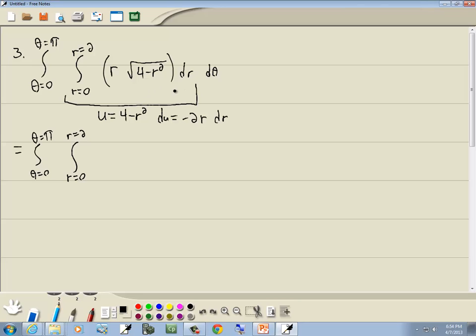And actually, I need to put some stuff in here first, don't I? I need a negative 2 in there, so I'll offset with a negative 1/2 out in front. And I'm going to go ahead and write this as 4 minus r squared to the 1/2 power, dr d theta.